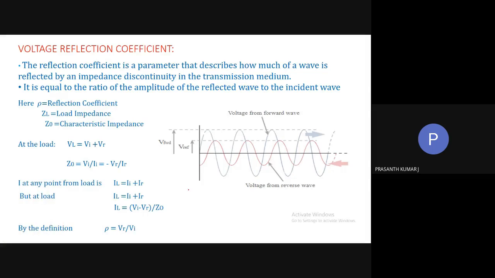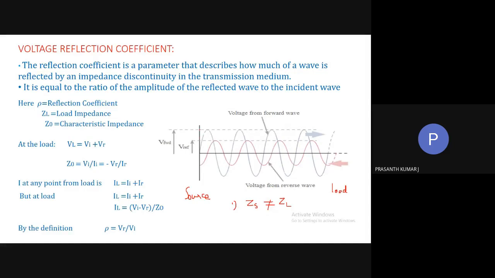See the screen here. Source will be there at the starting, at the end load will be there. So there are some conditions when reflections occur on a transmission line. First condition is when the source impedance ZS is not equal to the load impedance ZL.